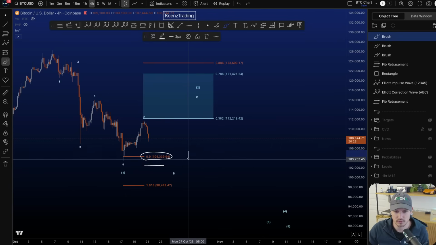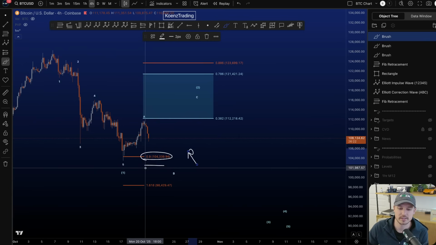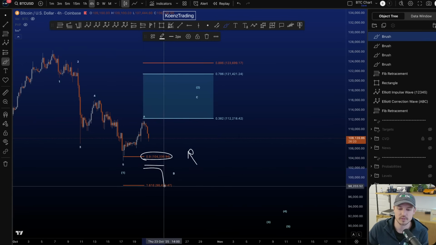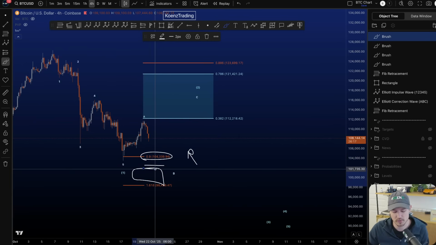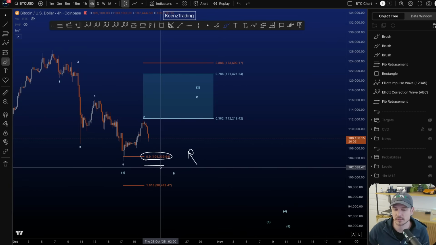Nice B here, Koen, regular flat. And then the expanded flat, written in the book, should retrace at least beyond 1.05 to the 1.38. At least it's in the most modern book where they summarize some of the rules and guidelines. In my book, they don't even write that. But in their most recent book, which is visible on their website, they do write at least 1.05 for an expanded flat.